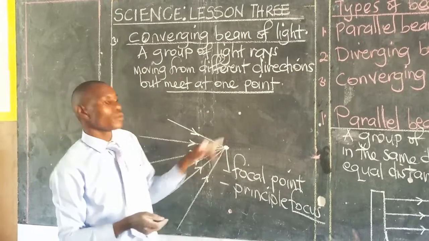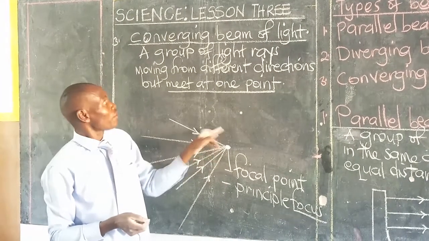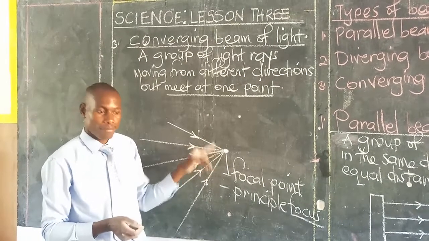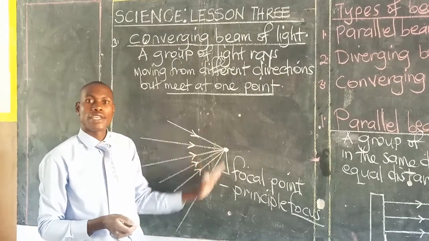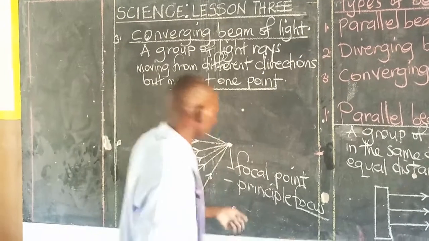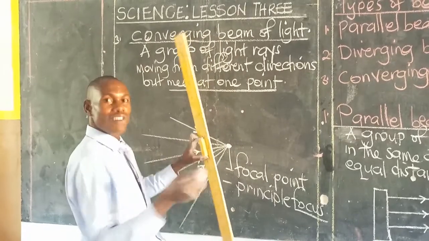But what you need to remember is when we are drawing this diagram of a converging beam of light, we can also draw it in another position, based on where the light rays are converging.